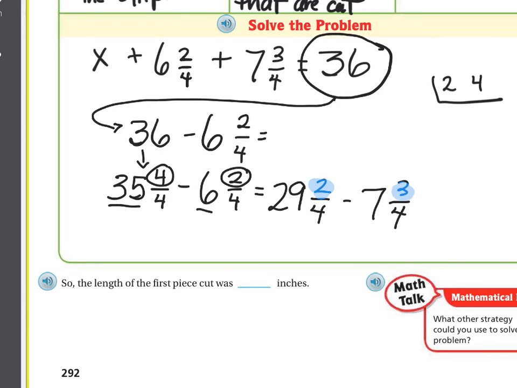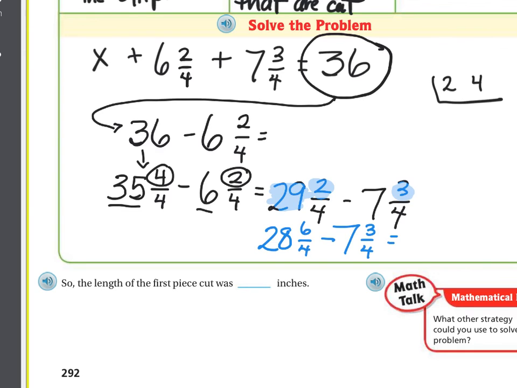No. So what do we do to the 29? The 29 becomes 28, and we add 4/4, so that's going to be 6/4. Now we can subtract 7 and 3/4.